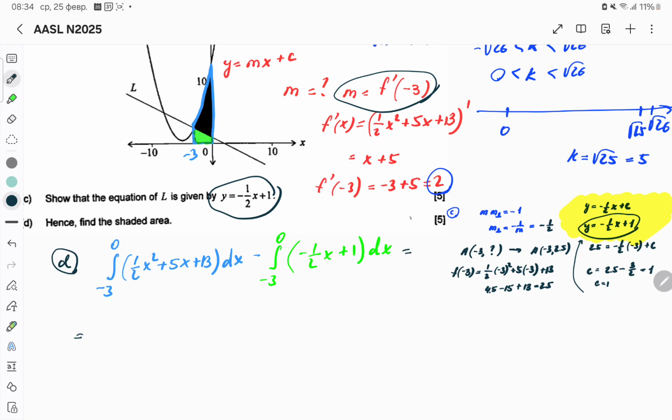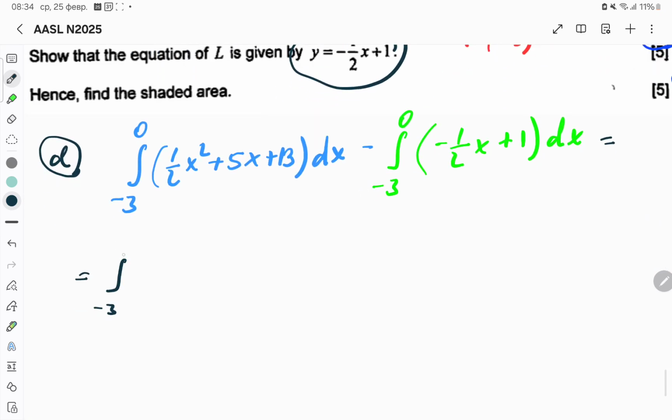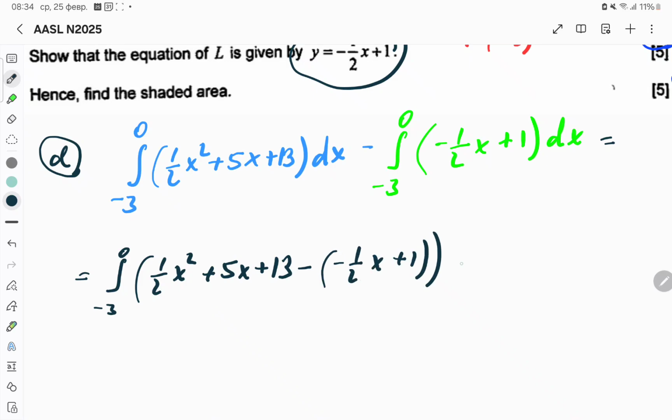So it is equal to, okay, there are two options how we can solve. Since they contain the same limits of integration, we can just combine them together. From -3 to 0, first simplify, and then we will start to subtract. Minus 1 over 2x plus 1 dx.